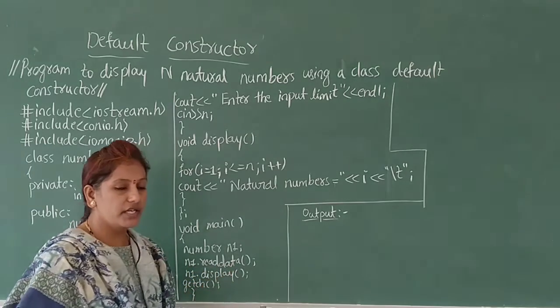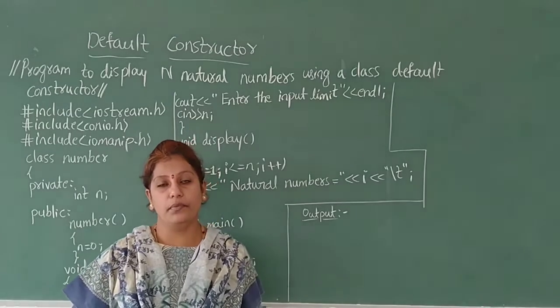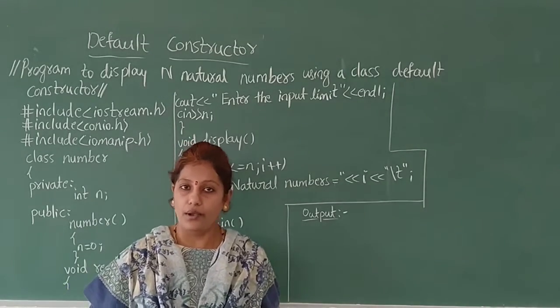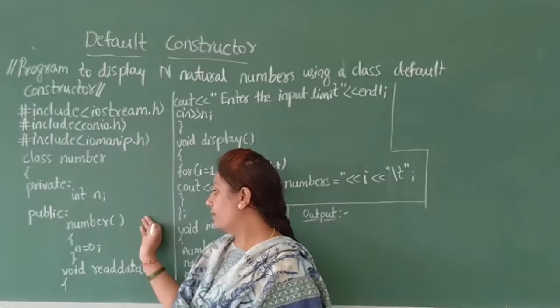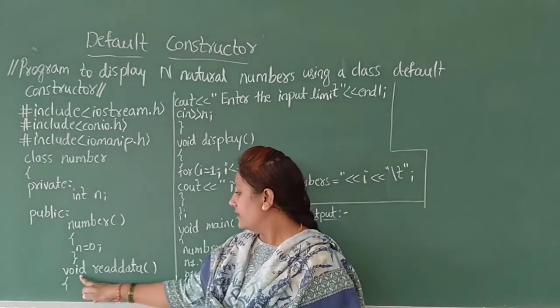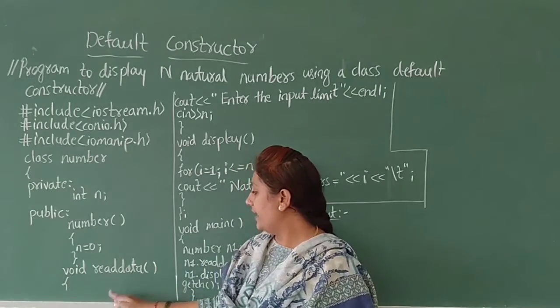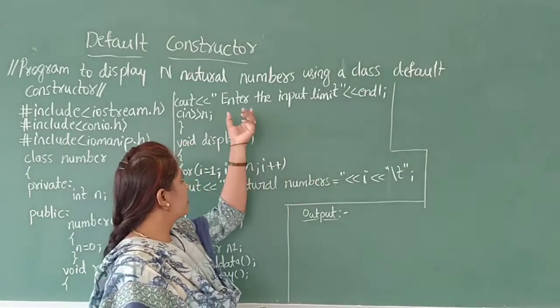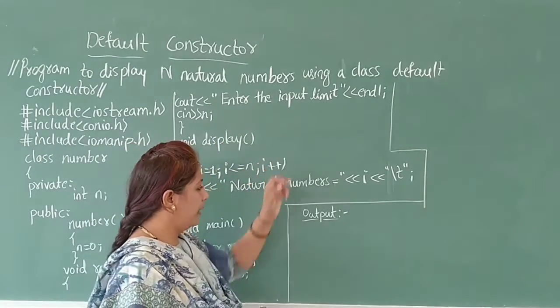Here the member function read data is called. Then the control goes to the read data member function, where it is defined in the program. Yes, it is defined inside the class. Then void read data.